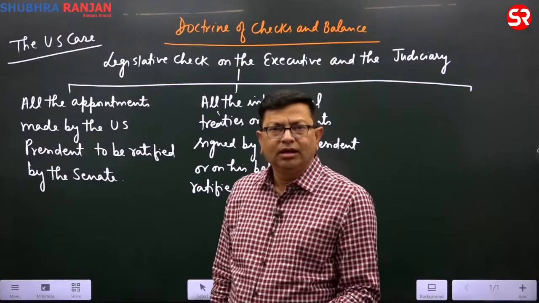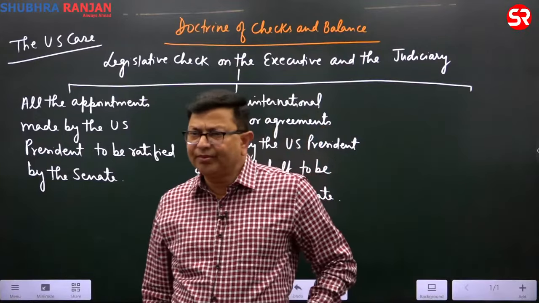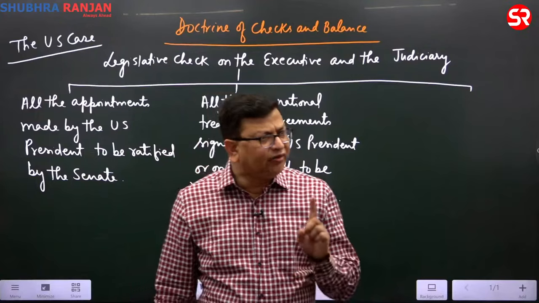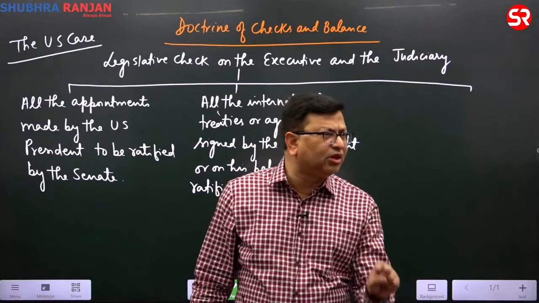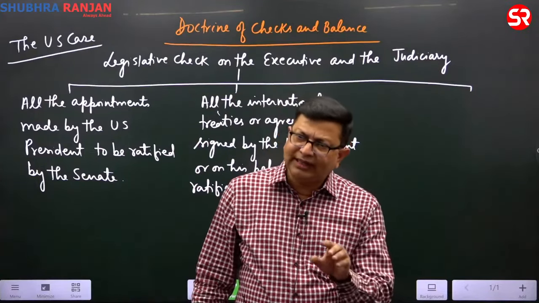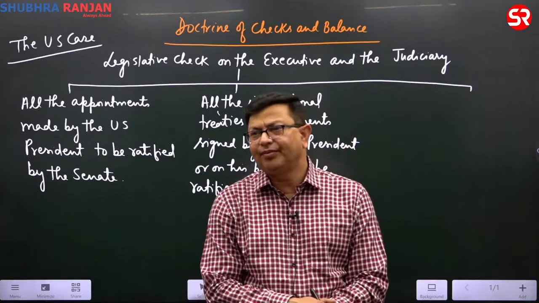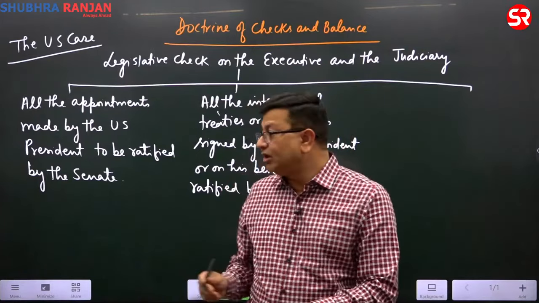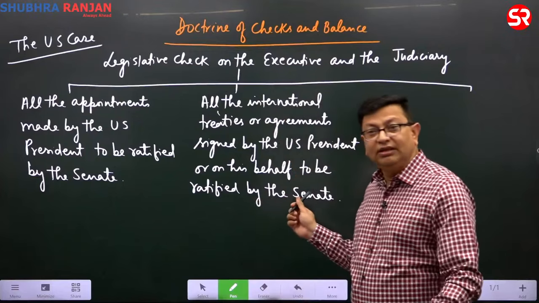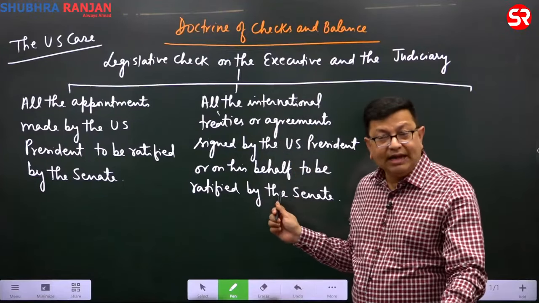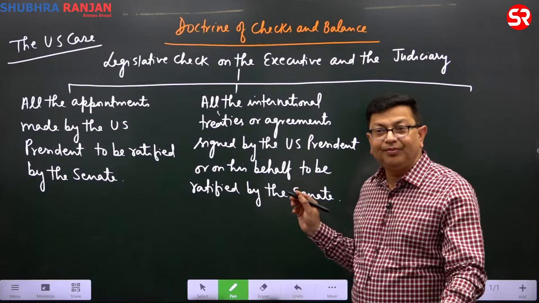One, the Treaty of Versailles. The Treaty of Versailles was signed after the First World War. America was also a signatory, but it was not ratified by the Senate. The Senate did not approve it, and it was not binding on America.